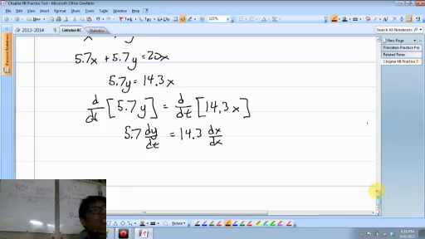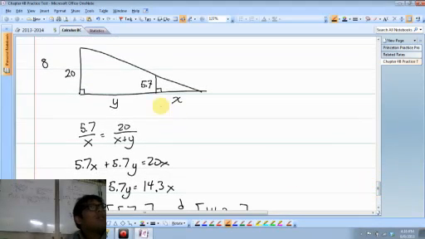So they tell you that she's walking towards the light at 5 feet per second. Well, which one is... This is her here, right? So she's walking this way. In other words, y is the one that's decreasing at 5 feet per second.